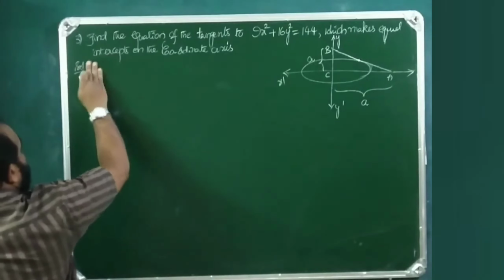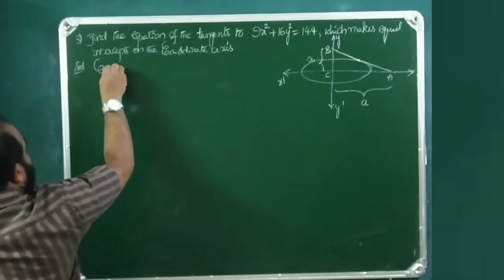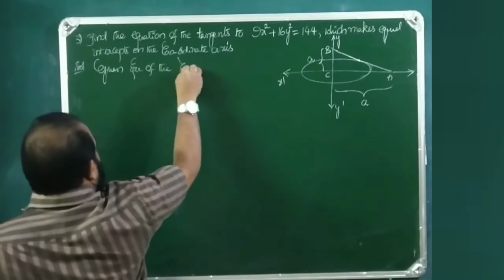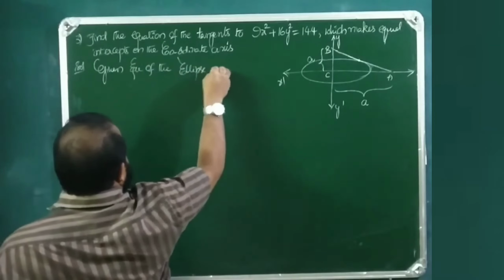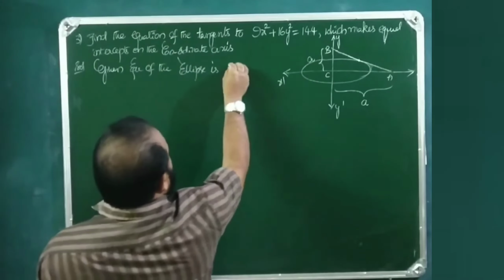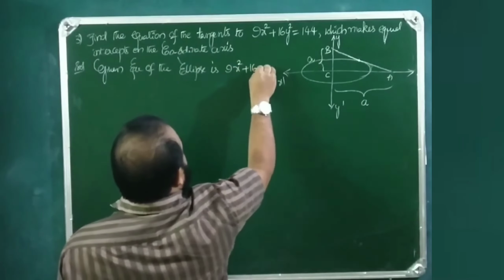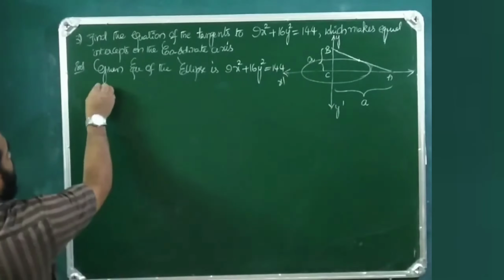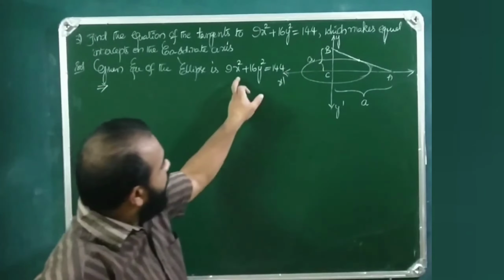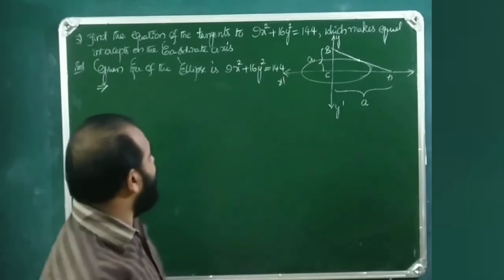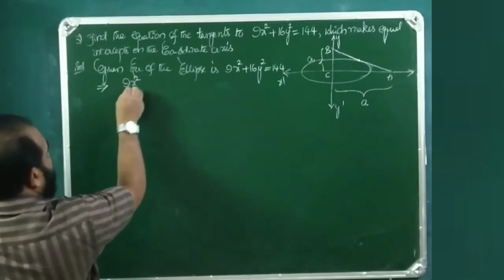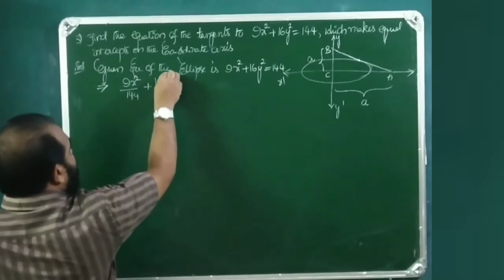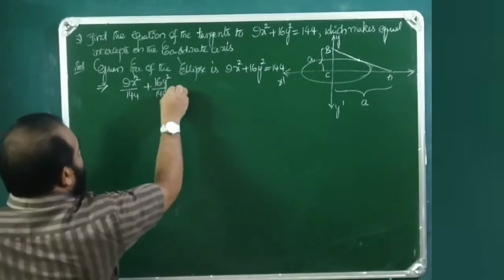The given equation of the ellipse is 9x square plus 16y square equals 144. Dividing by 144 on both sides, we get 9x square by 144 plus 16y square by 144 equals 1.